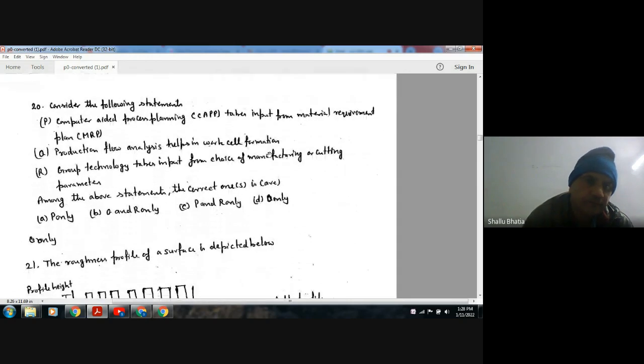Next, consider the following statements. P: Computer-aided process planning takes input from the material requirement planning, MRP. Q: Production flow analysis helps in work cell formation. R: Group technology takes input from the choice of manufacturing or cutting parameters.